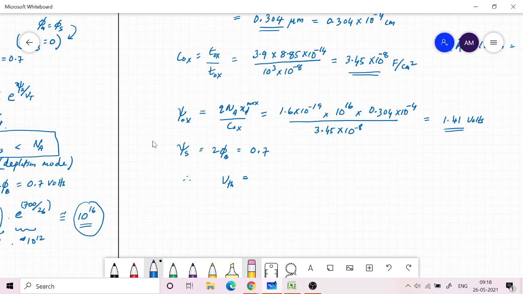I need to add this. Right now in our case it is given as 0, so we just need to add these two voltages, 1.41 plus 0.7, which is equal to 2.11 volts. So that is our threshold voltage.